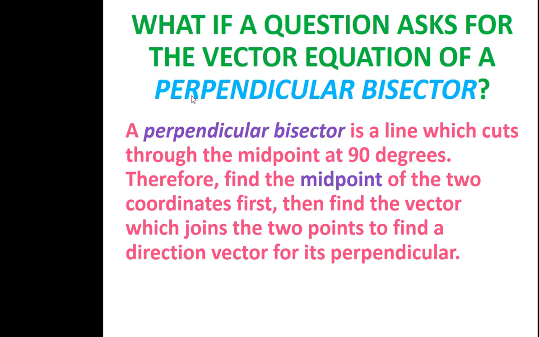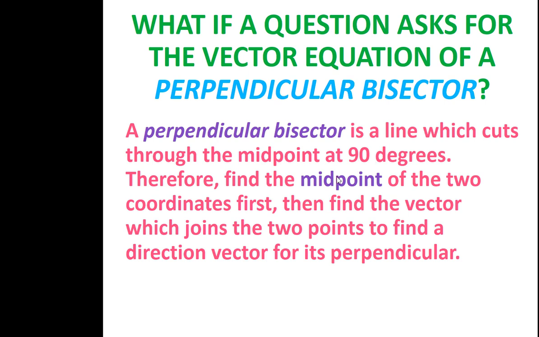So if you've got, for example, a line here, this perpendicular bisector would cut through the middle of that original line at a right angle. It would slice it in half, at 90 degrees. Just reminding you in case you've forgotten from GCSE or earlier years. So a perpendicular bisector is a line which cuts through the midpoint at 90 degrees.